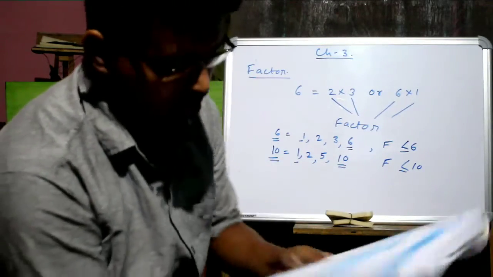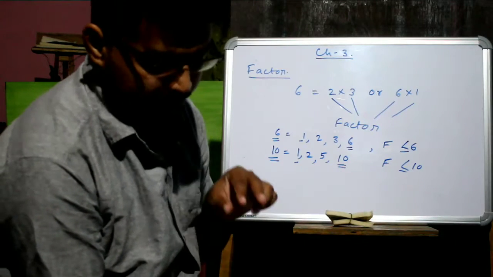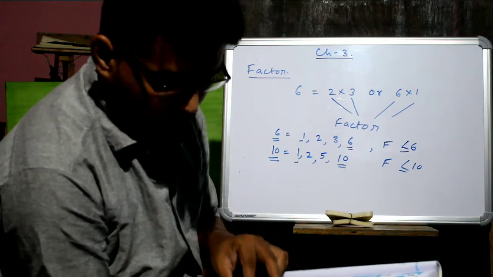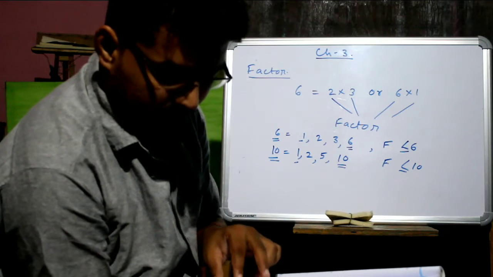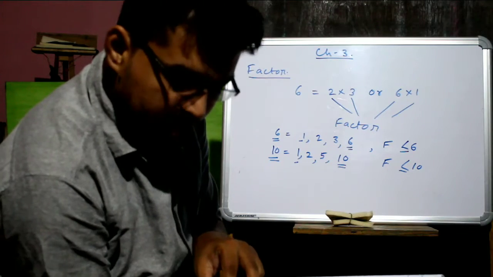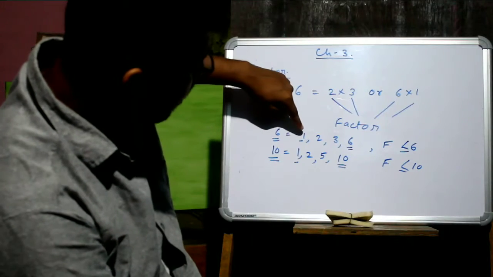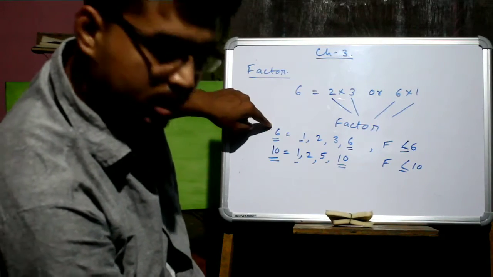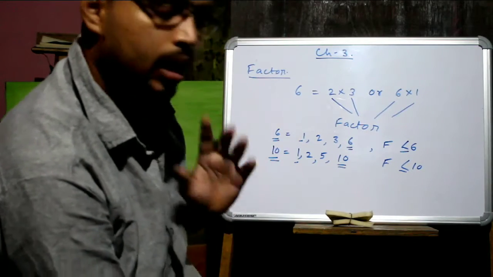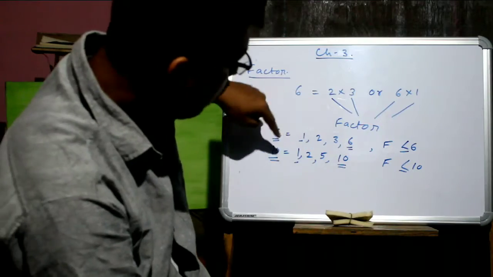This was also discussed in the book. Properties of factors: Number 1, 1 is a factor of every number, and every number is a factor of itself. We already discussed this. 1 is a factor of 10 and of 6, and 6 is a factor of 6, 10 is a factor of 10.